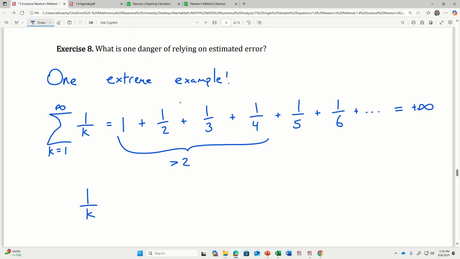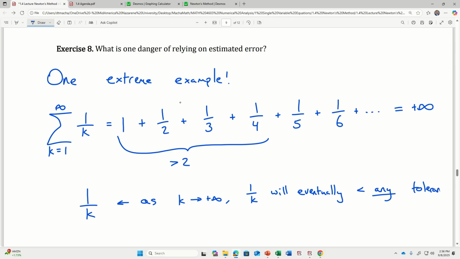And I just want to point out that as k approaches infinity, 1 over k will eventually be less than any tolerance.